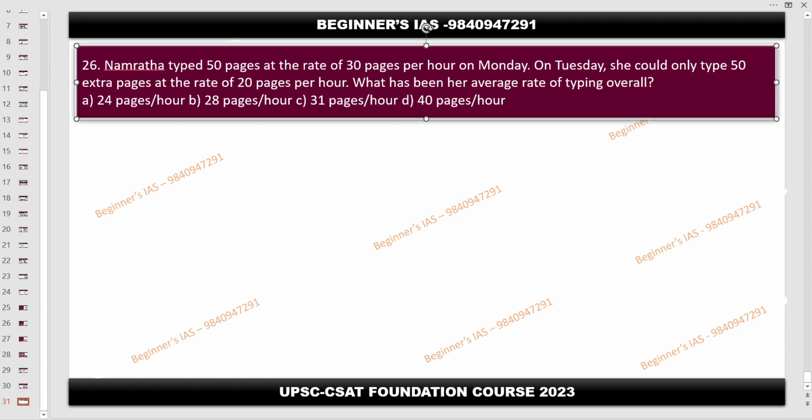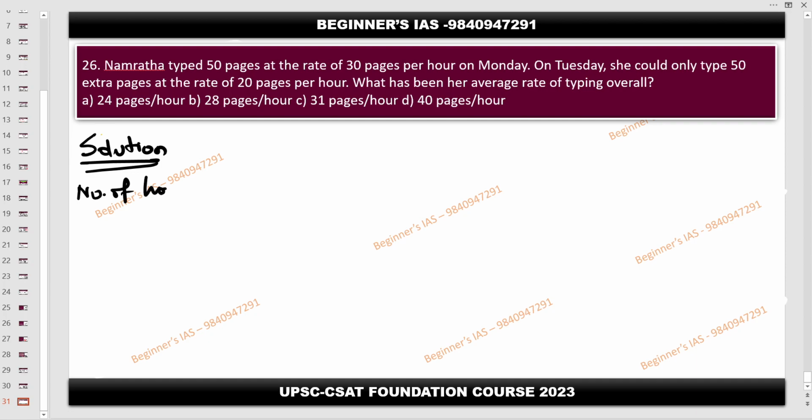So the average is nothing but the total pages divided by the total hours. That is the concept here. If you know this concept, it would be easy. So now the solution. Here, first of all, take the data.